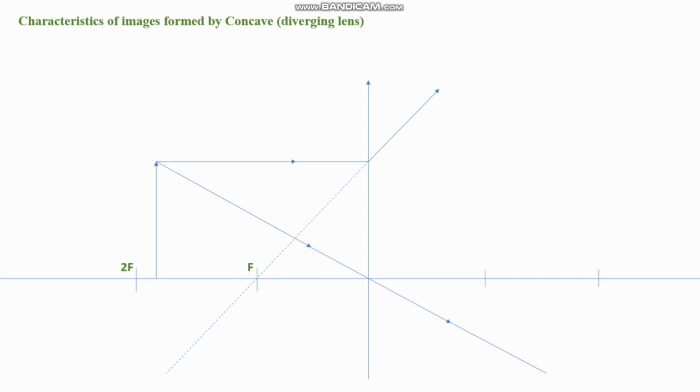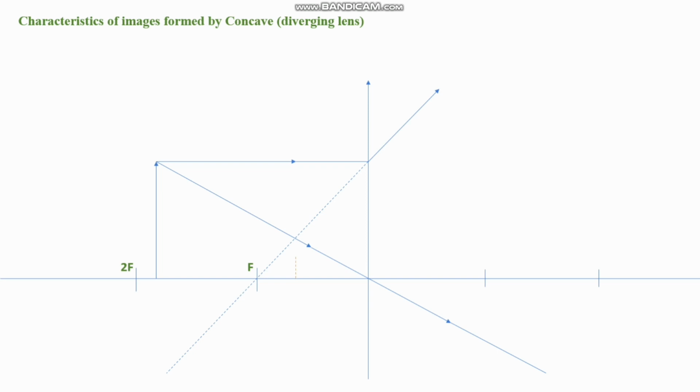So where this virtual ray of light meets the real ray of light that is passing through the optical center, where they meet will be the tip of our image. But the image formed is virtual. Now we have a virtual image because it has involved intersection of a virtual ray and a real ray.